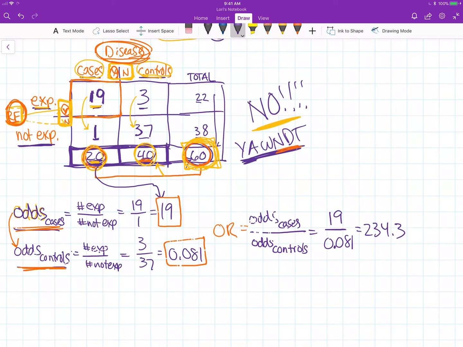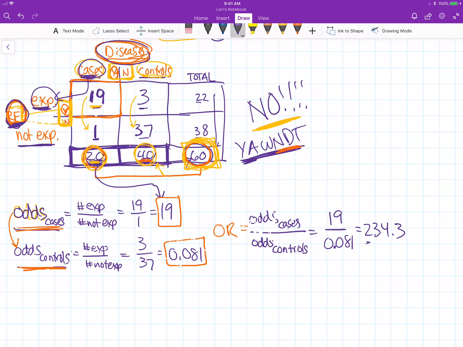So for this particular relationship that we set the 2x2 table up for, we want to know, is there some kind of relationship between that risk factor and that disease? If I know something about whether someone is a case, will that help me know whether they were exposed? In other words, is there a relationship then between being exposed and being a case?